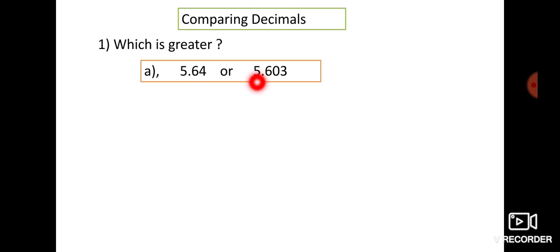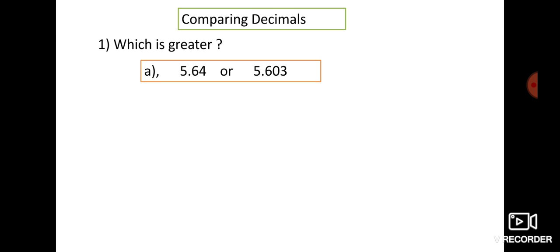First we consider the whole part of the two given decimal numbers. 5 and 5 are the same, so we cannot identify which is greater. Then after the point, the first digit is 6, and here also 6, so both are the same. In this case also we cannot identify which is greater. Then we check the second digit. Here the second digit is 4, here the second digit is 0. Yes, we got the answer.